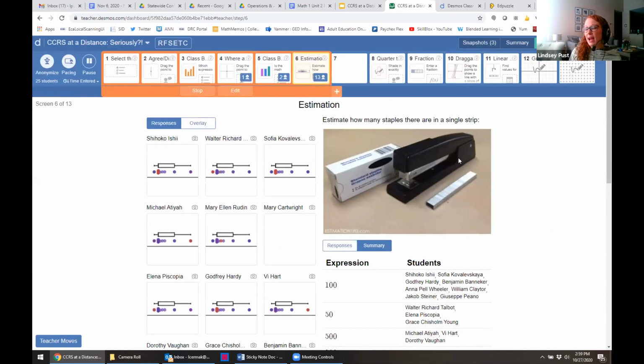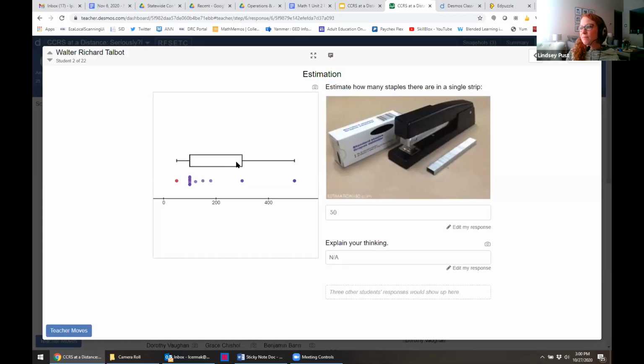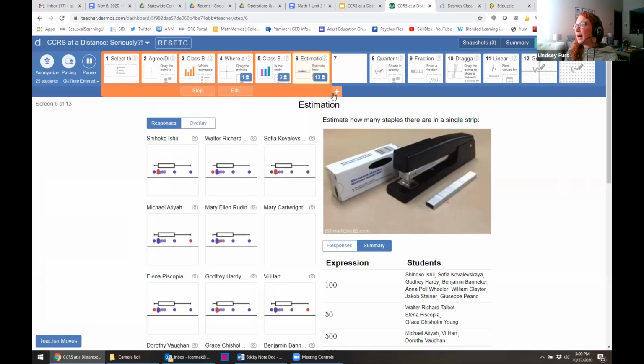With estimating, I always like to ask, what do you know is too low and what's too high? 5 seems too low and 1,000 seems too high. So, giving some framework that way as well. You could bring in some conversations and then look at these graphs and these box plots and talk about what all these different points mean.